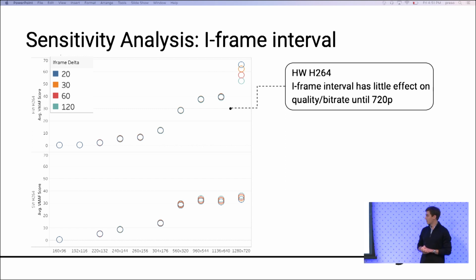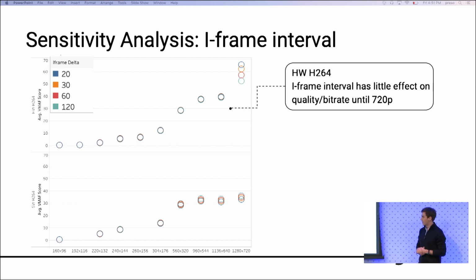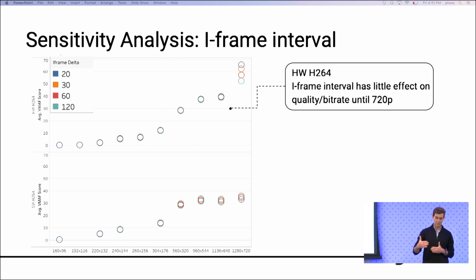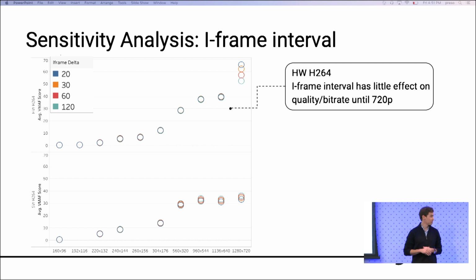So what we found is that for the entire range of our parameter space, the iframes don't have very high impact on the bitrate and quality, relatively speaking. But that's if you look at the entire range of the parameter space. If you narrow down to the actual bitrates that you would want to use, then the sensitivity is about 20–30%.